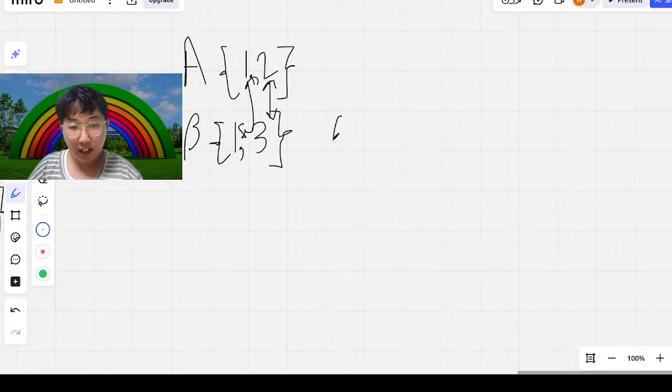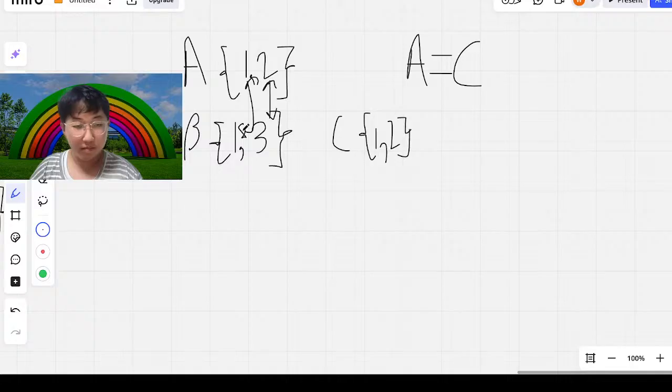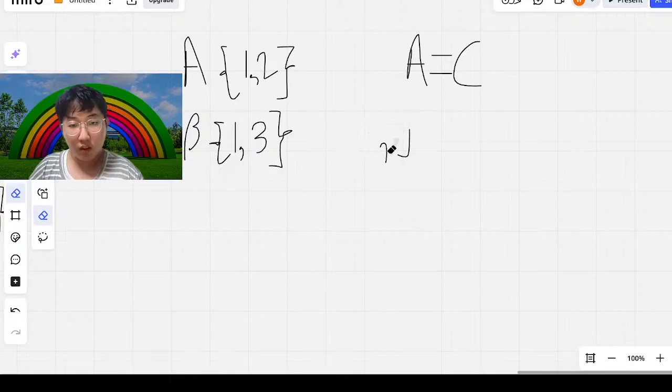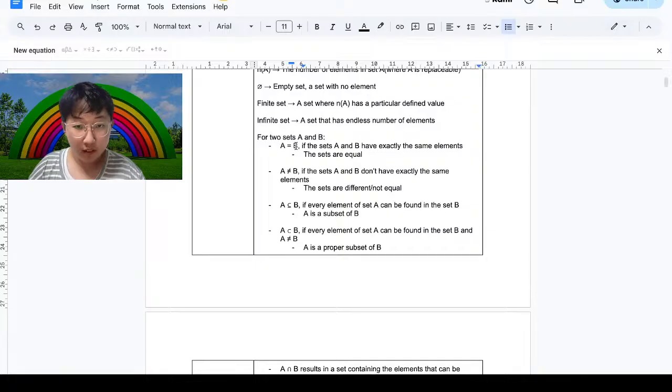But let's say we had another set called C, and we had 1 and 2. It has exactly the same elements as A, no less and no more. So hence we can say that A is equal to C. That's what we can get from the first sentence.